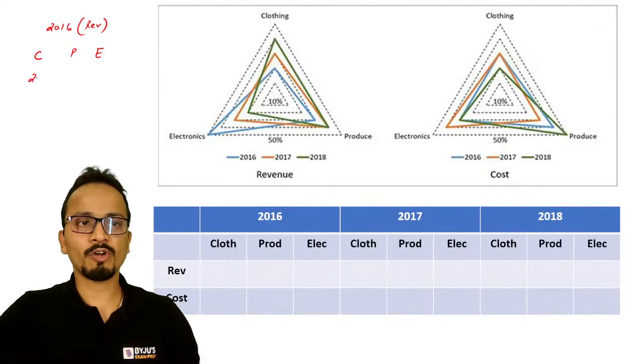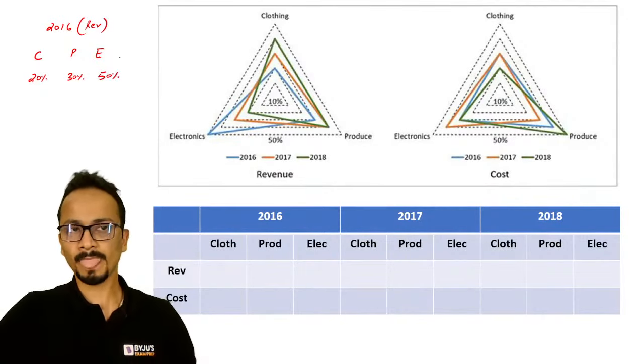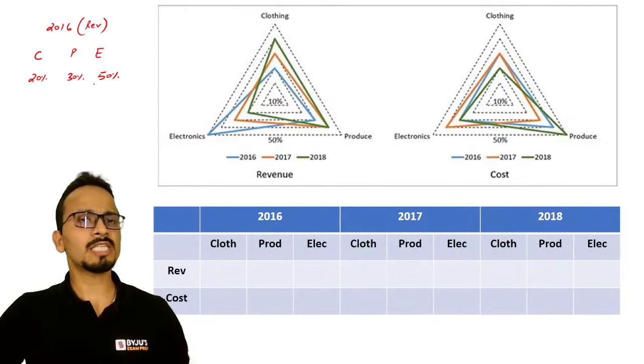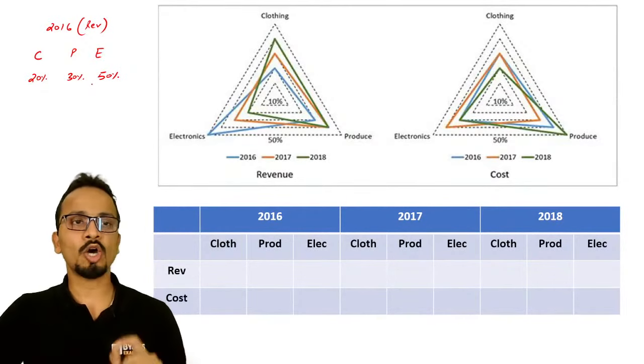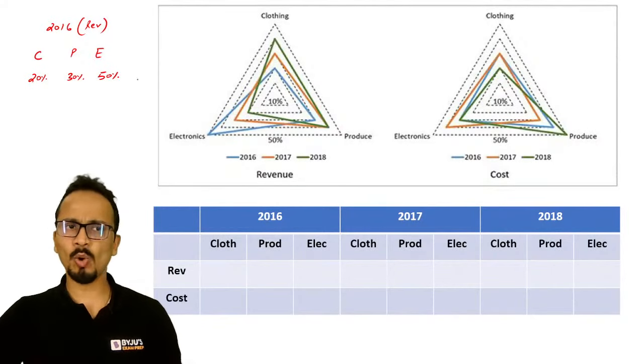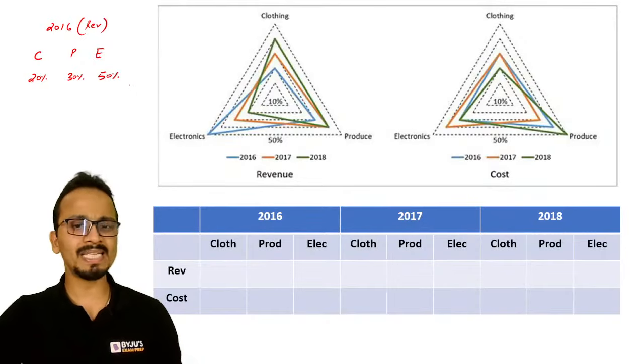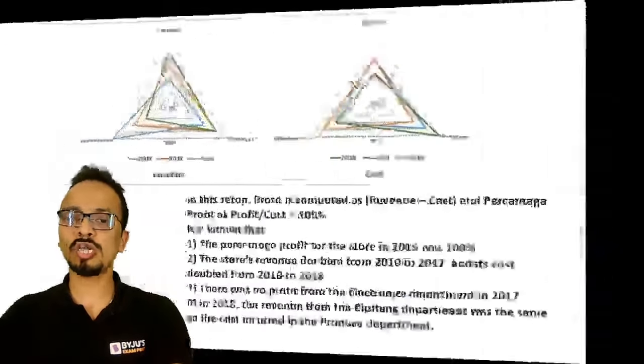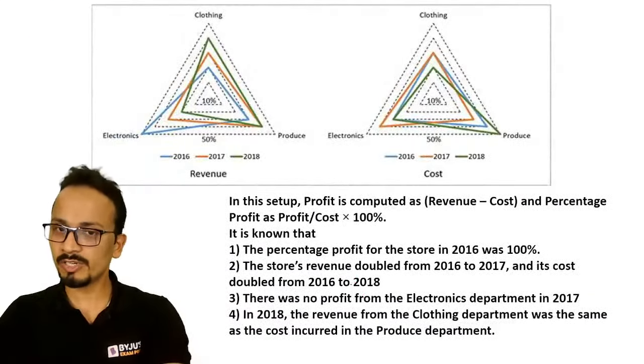Now for clothing it is 20%, for produce it is 30%, for electronics it is 50%. These percentages are the percentages of the total revenue of 2016. I have no idea about the total revenue of 2016. This was also not given in the data on the previous screen.